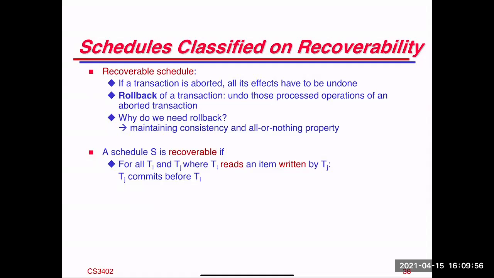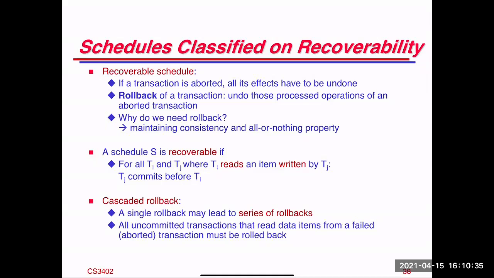And then later on, Tj aborts. Then we have a problem, right? Because the write that Tj did is undone because Tj aborted, but we already committed Ti that read that value. Now we need to undo what Ti read, even though it has already been committed. So this is just the intuition behind this definition.